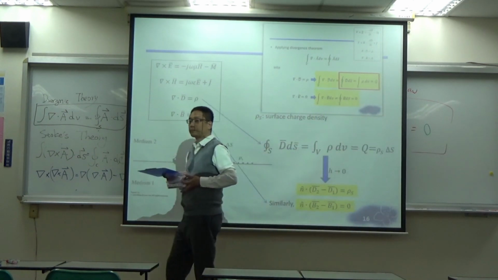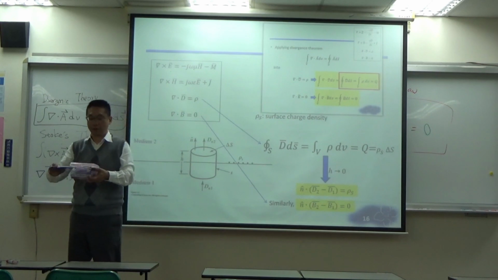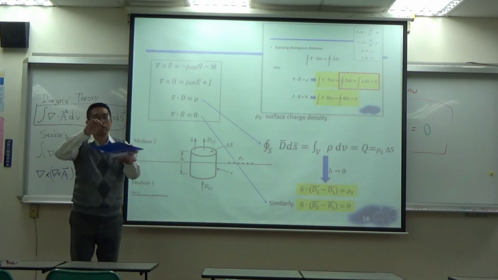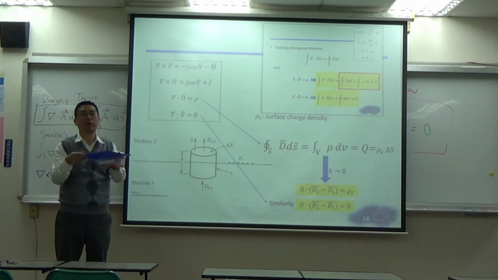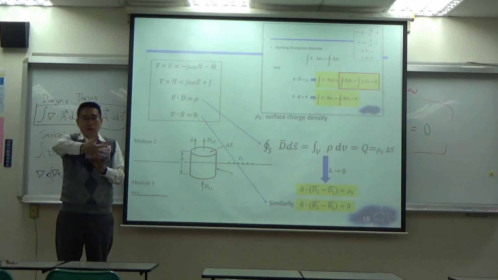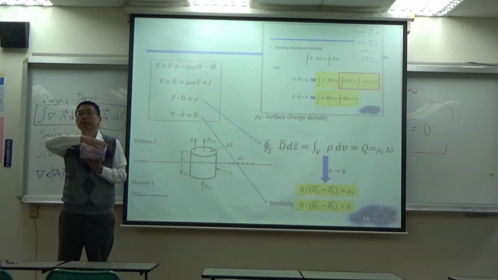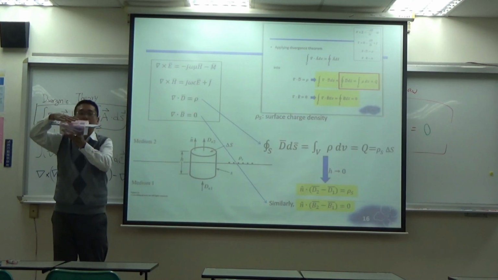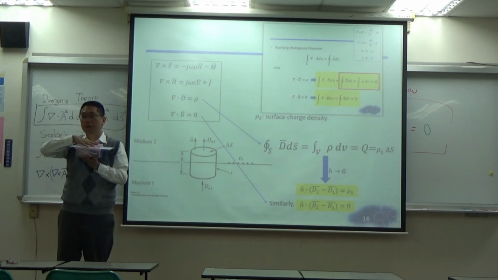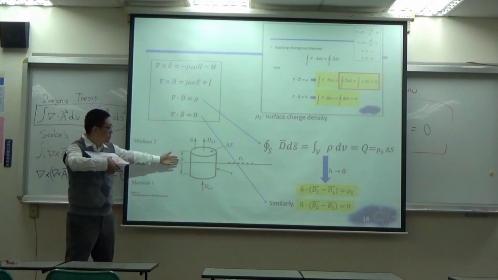You can think of using Gauss's law. We use Gauss's law to do the surface integral over a 3D region, something up and down the boundary. It looks like this one.